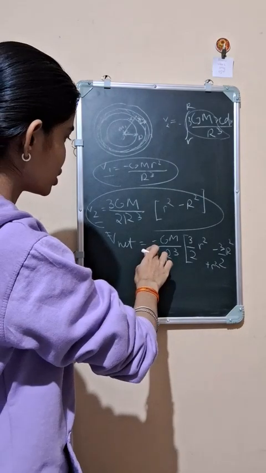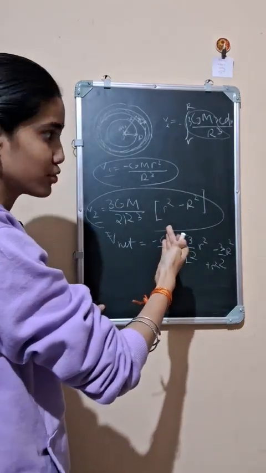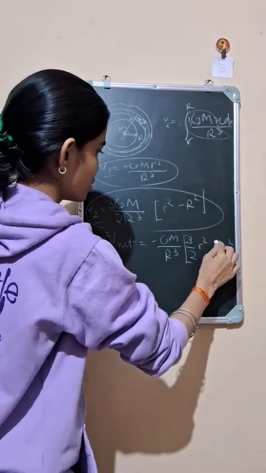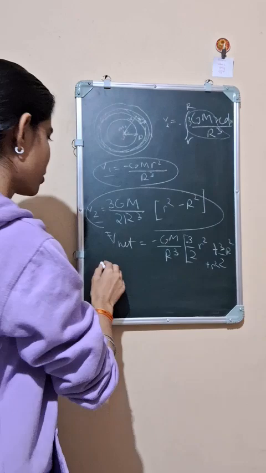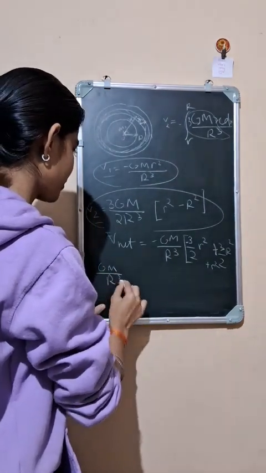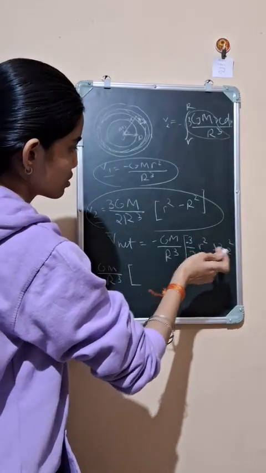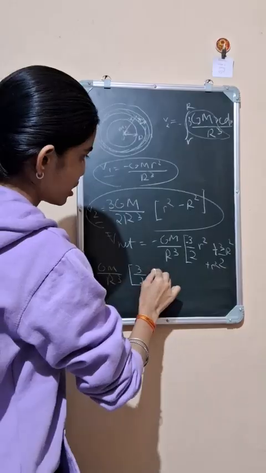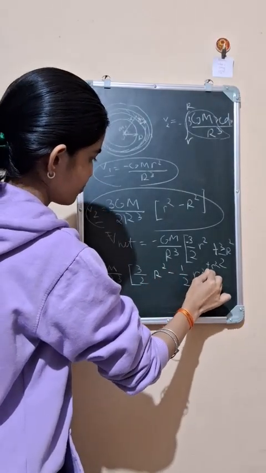Sorry, if I take minus GM by R cube from this term, then obviously the negative sign will change, means this term will have the negative sign, this will be positive. So R square minus 3 by 2 R square will be equal to GM by R cube times 3 by 2 capital R square minus 1 by 2 small r square, right?